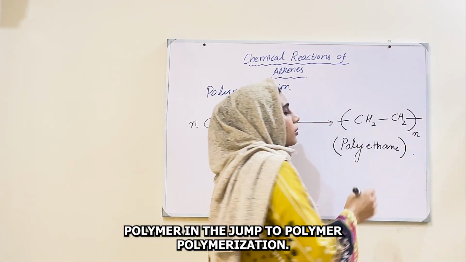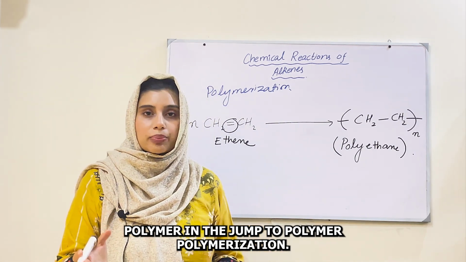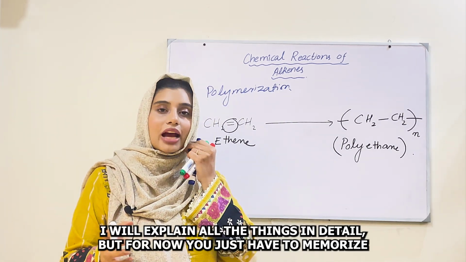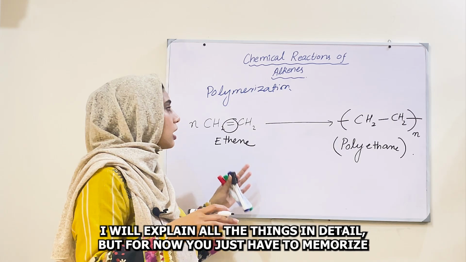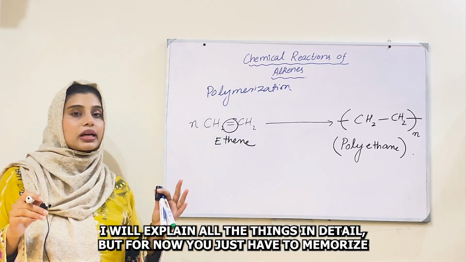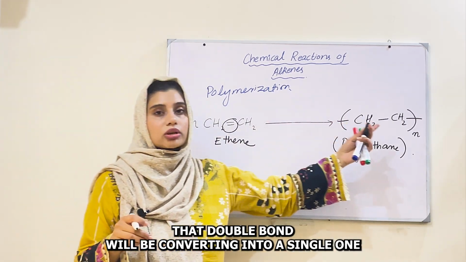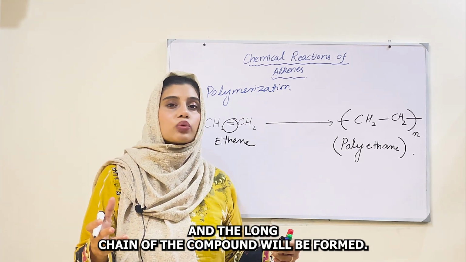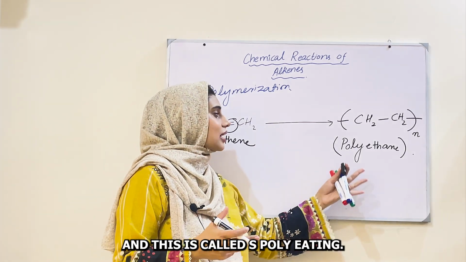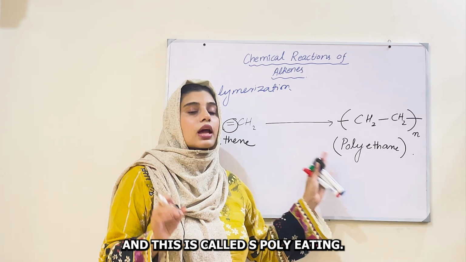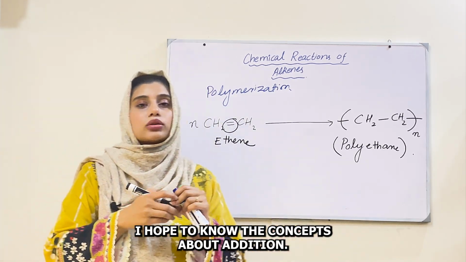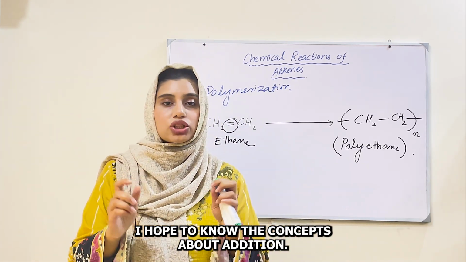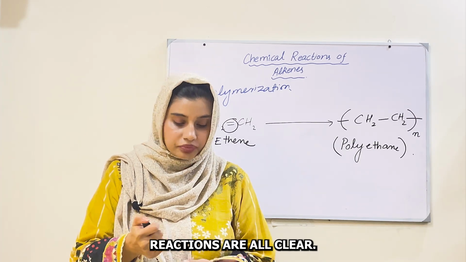This is a polymer. In the chapter on polymerization, I will explain all the things in detail, but for now you just have to memorize that the double bond will be converting into a single bond and a long chain of the compound will be formed, and this is called polyethene. I hope till now the concepts about addition reactions are all clear.